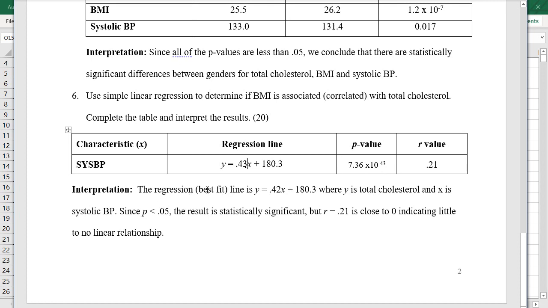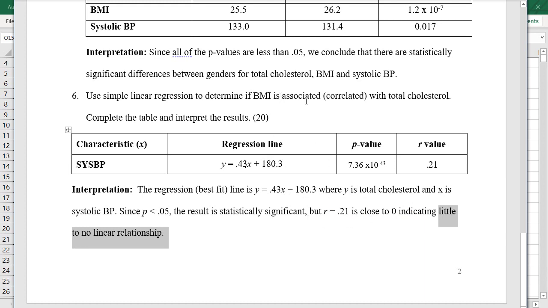Well, the regression or best fit line to the data has equation y equals 0.43x plus 180.3, where y is total cholesterol and x is systolic blood pressure. Since our p-value is less than 0.05, the result is statistically significant. However, r is 0.21, which is close to 0, which indicates little to no linear relationship.